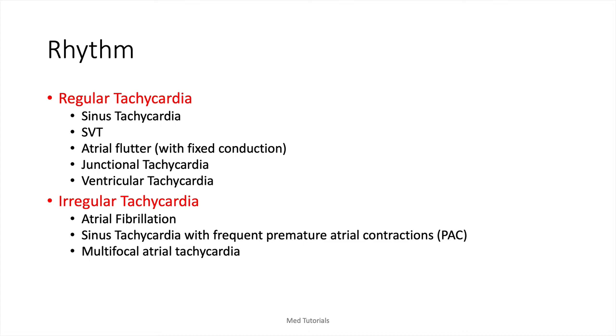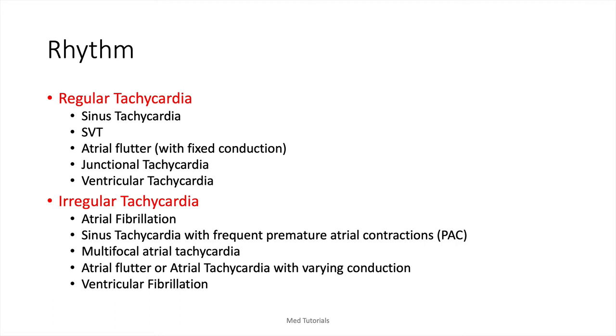Similarly, multifocal atrial tachycardia, because you have different points in the atria generating impulses, can be irregular. Atrial flutter or atrial tachycardia with varying conduction, that means you don't have a fixed conduction into the ventricle, can appear irregular. Of course, ventricular fibrillation is a very irregular pattern as well.